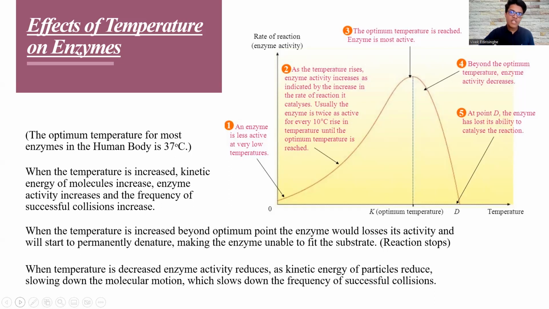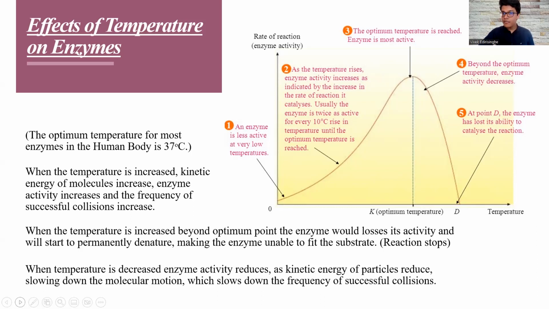But when the temperature is increased beyond the optimum point, the enzyme would rapidly lose its activity and will start to permanently denature, making the enzyme unable to fit the substrate. Basically, the shape of the active site would be changed if the temperature increases more than what is necessary.